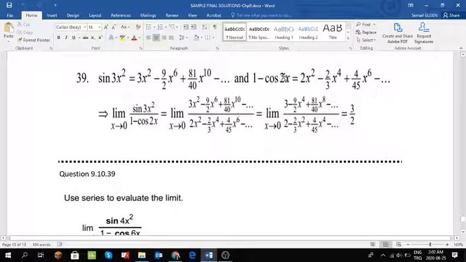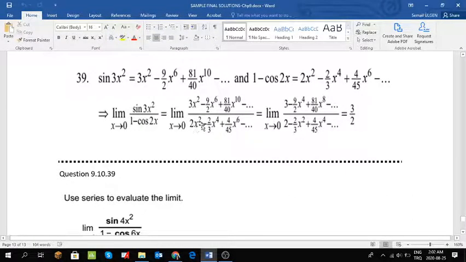Similarly, we know the formula for cosine 2x. Wherever we see x, we substitute 2x, multiply by negative 1 and add 1, and you get such a series. Then take these two series and put them in the limit. This is this series and this one is this series. And look at that, I have x squared here, factor this out.